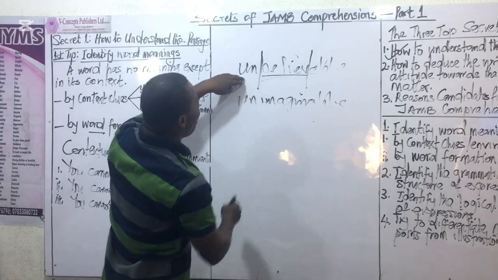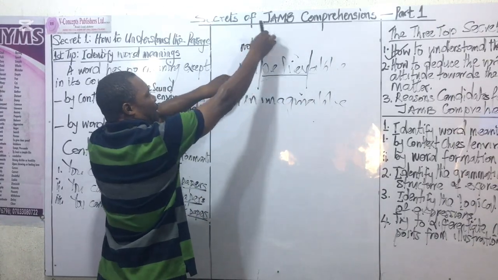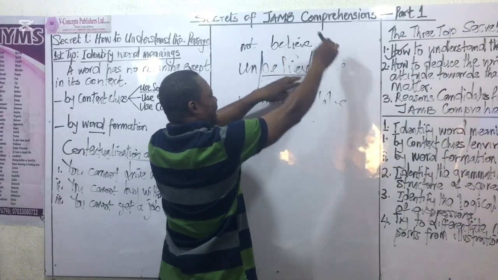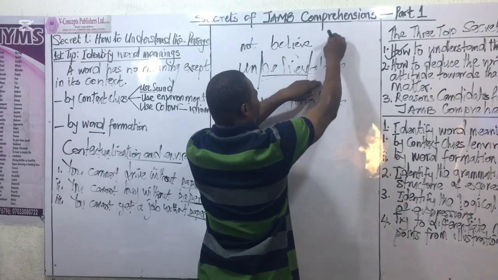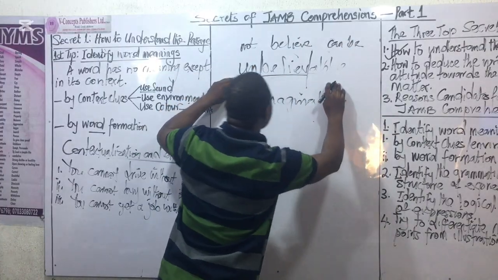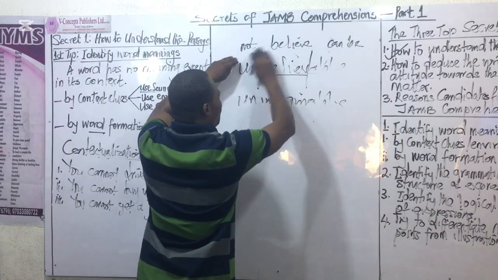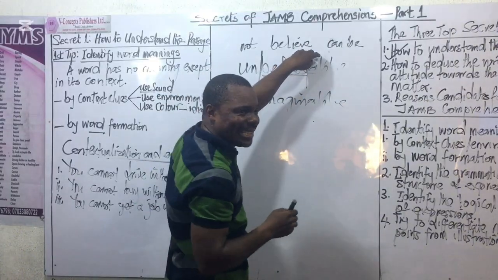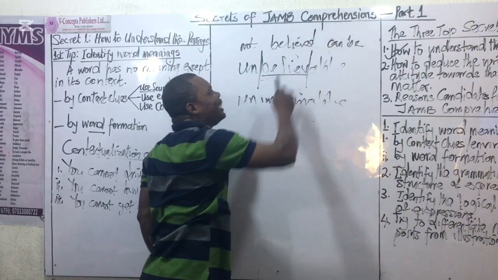Un means what? Not. Believe, of course, is believe. And then able is what? Can be. So unbelievable means cannot be believed. To make it syntactically correct, you're going to add 'be'.